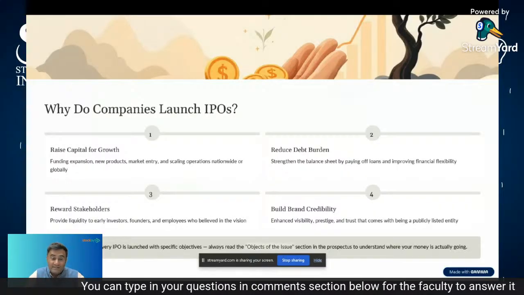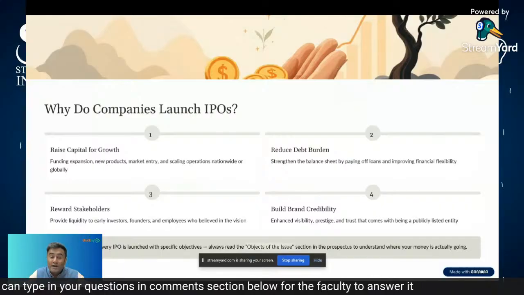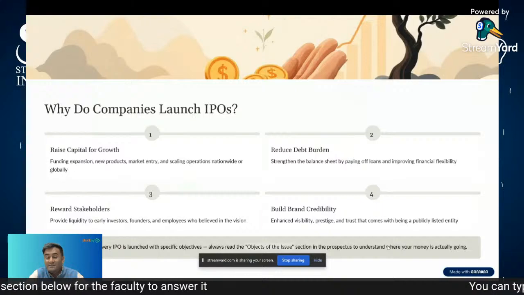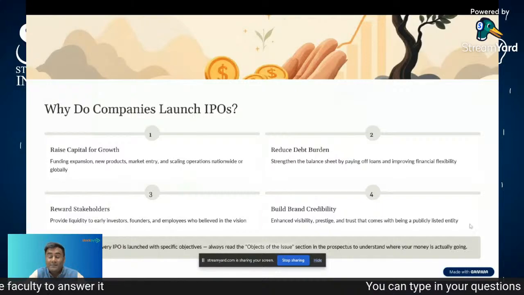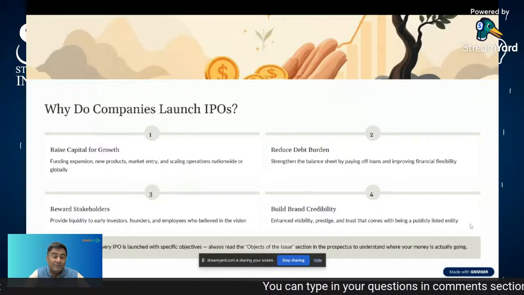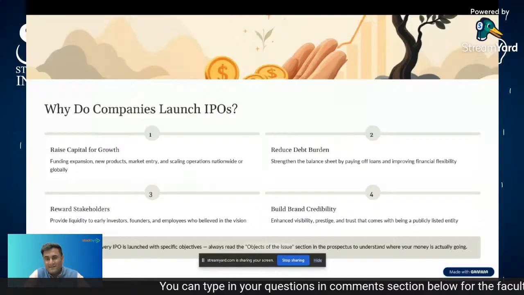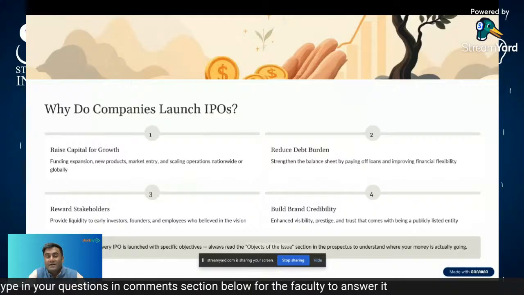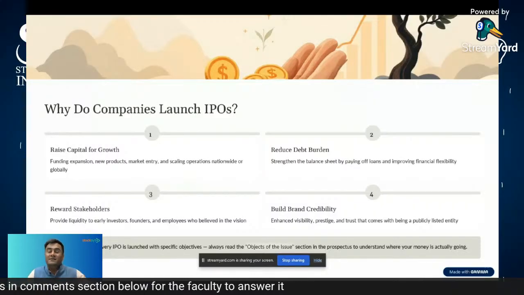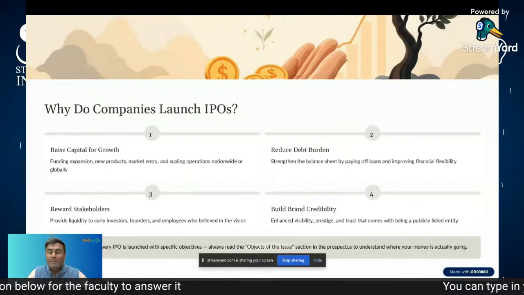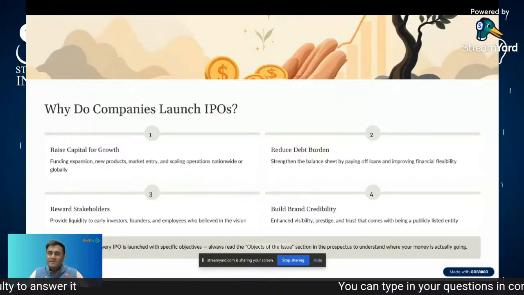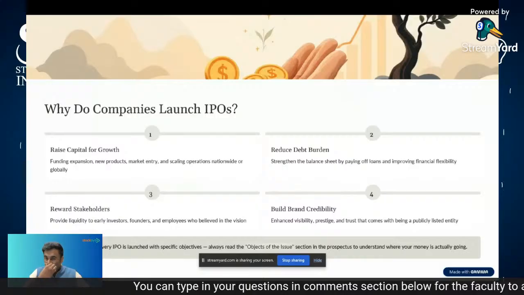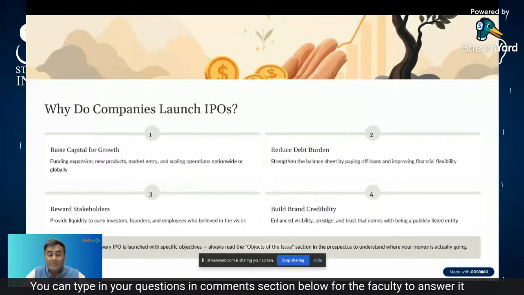As an investor, you have to read the objects of the issue section to understand what lies in it for you, because that's where it will be simplified. If you try to just read the marketing part that the company is presenting to you, they are just going to highlight all the good features, the salient features about their own company.